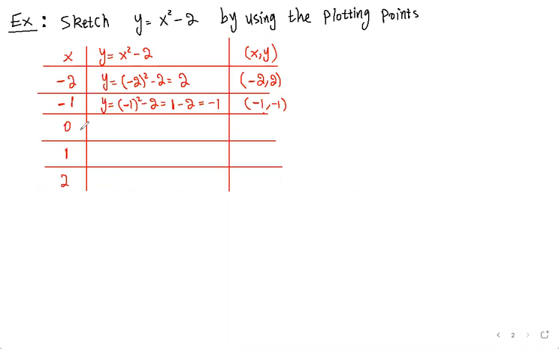For the 0, y equals 0 squared minus 2. You give me -2. So 0 and -2.